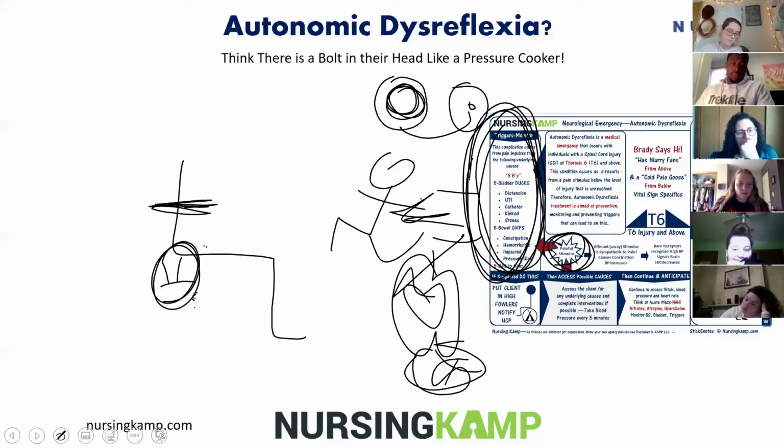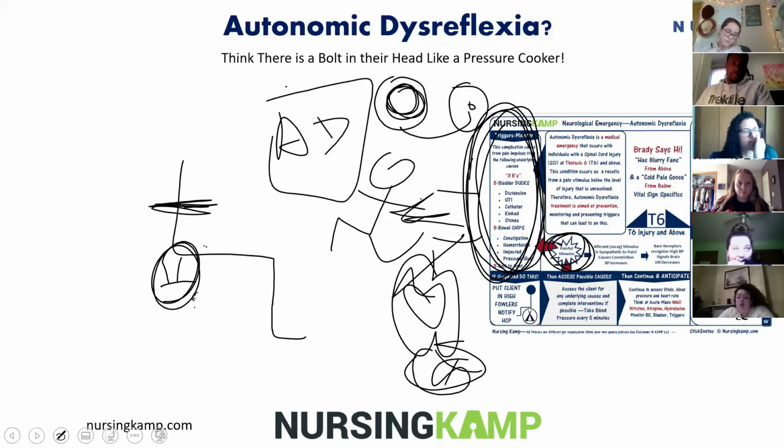So this is basically the recipe. If the patient has a UTI and has a T6 and above injury, their risk is autonomic dysreflexia. That's why it's a very tricky thing, because it's acute. If they have a UTI and you're not monitoring it, it could elicit autonomic dysreflexia.